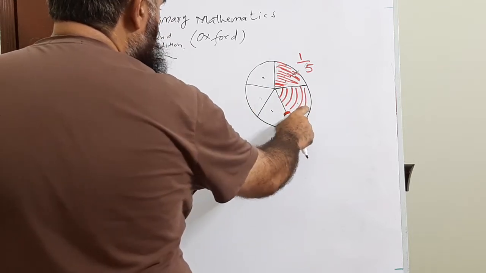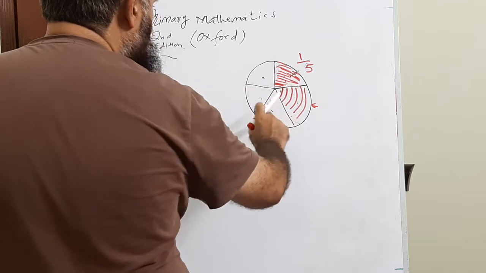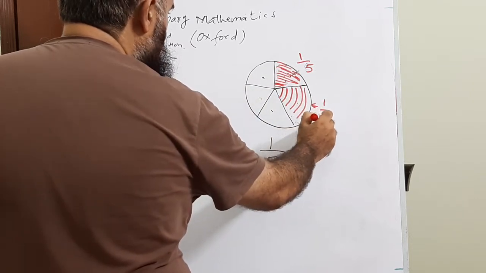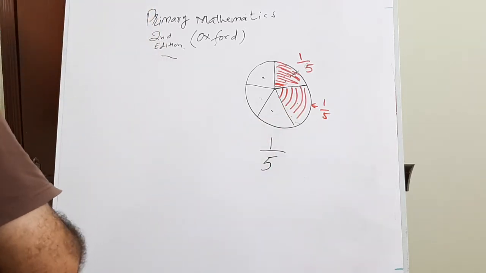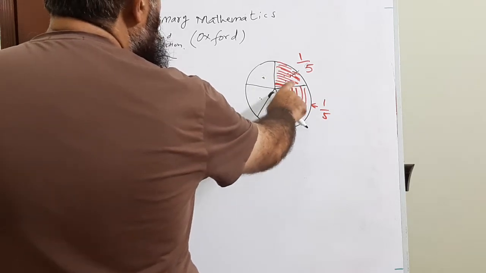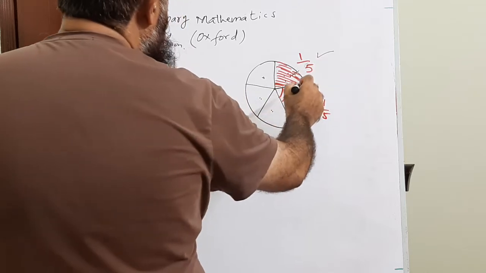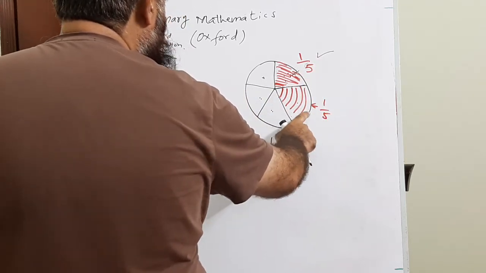So when you shade another one, you have shaded another 1/5.